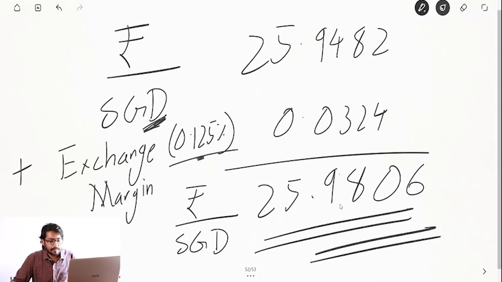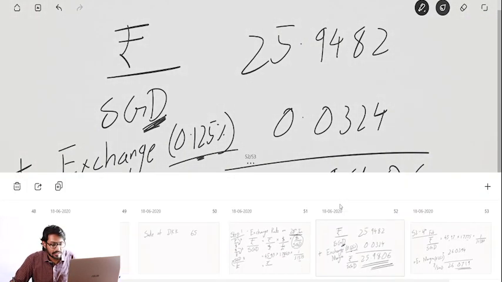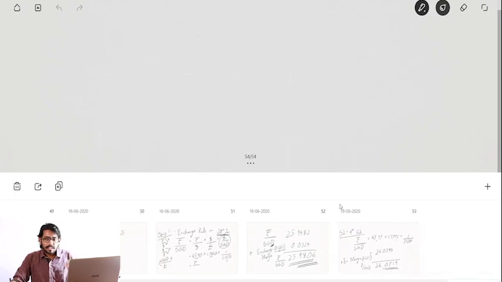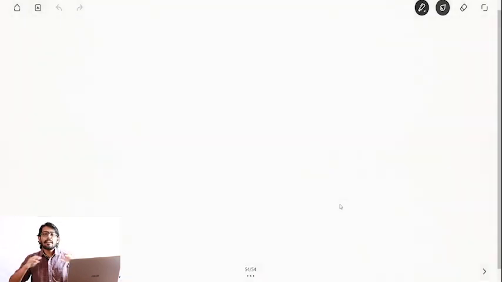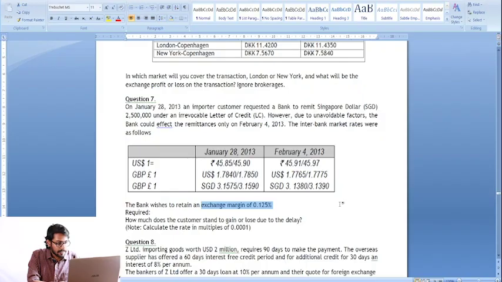Now, what is the loss? So, there are two ways. You can either multiply it with 2.5 million, and you can compute the total loss, or you can compute the loss per Singapore dollar and then take it.